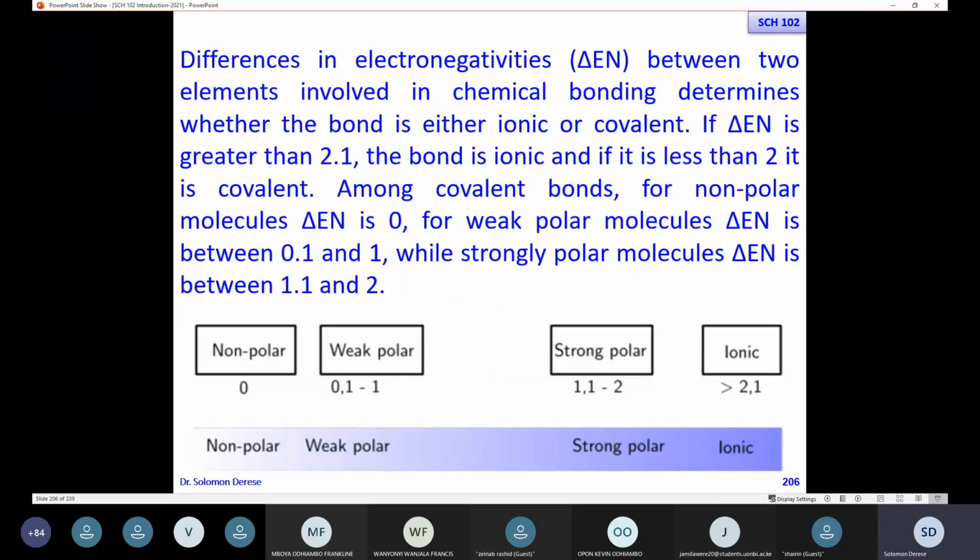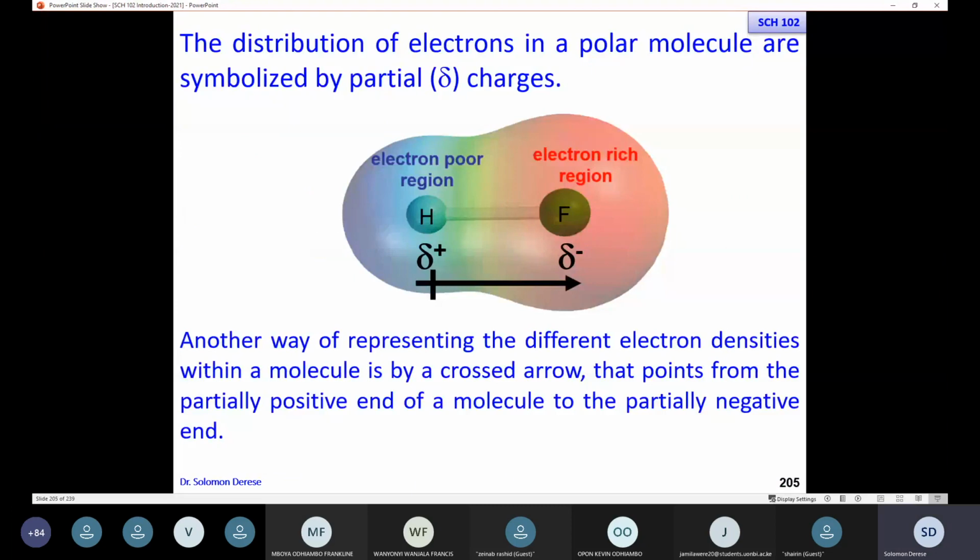Now, you remember what we said, that there are two basic types of chemical bond between two elements. And these are covalent and ionic. And then we say whether a chemical bond between two elements is going to be ionic or not will depend on the position of the elements in the periodic table.